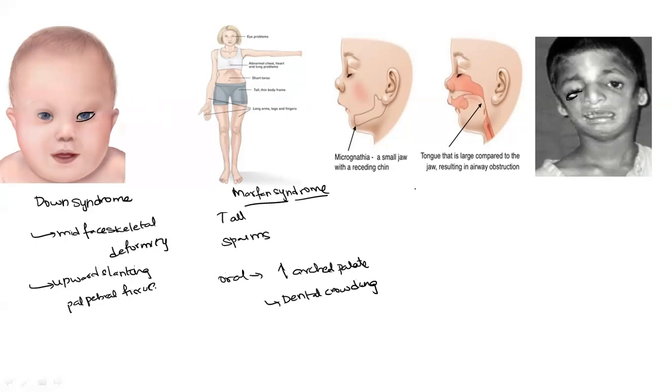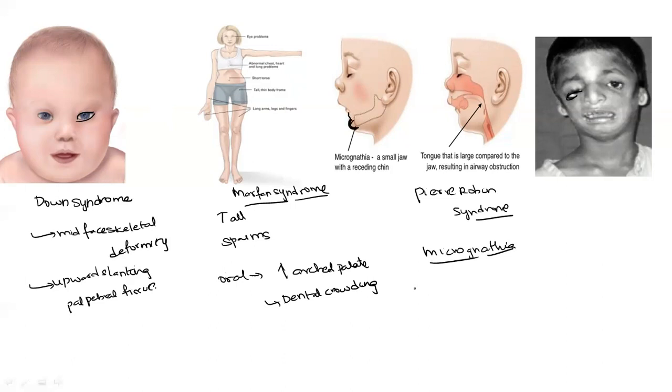Okay. Then here, the next syndrome is Pierre Robin syndrome. So what happens in Pierre Robin syndrome is here you can see micrognathia. So micro means small, gnathia means jaw. So here you can see that the jaw is really small. It's not normal.